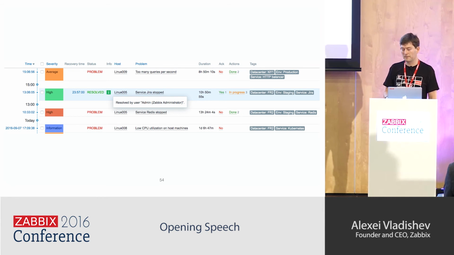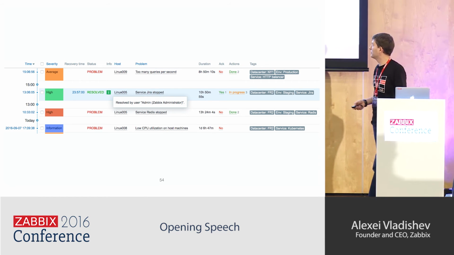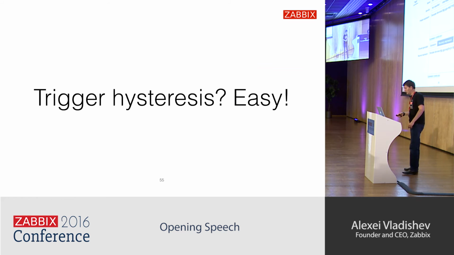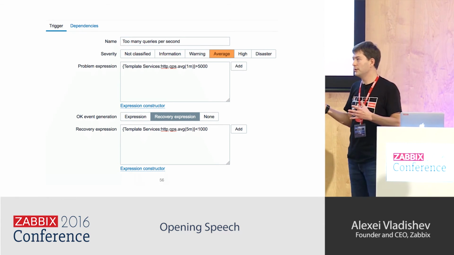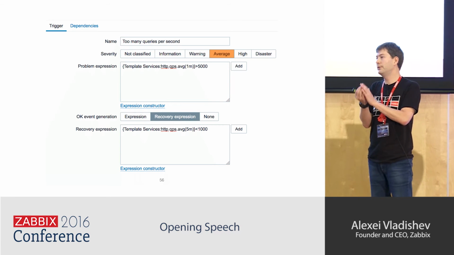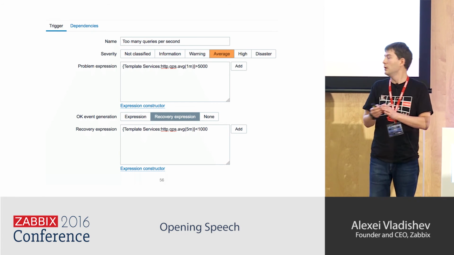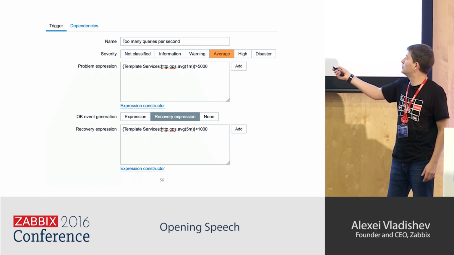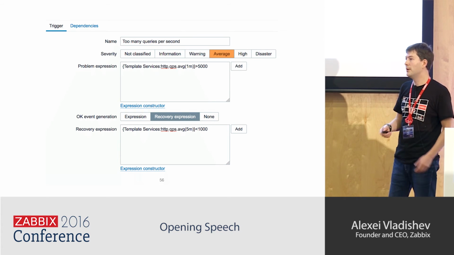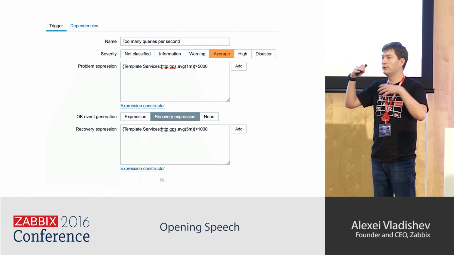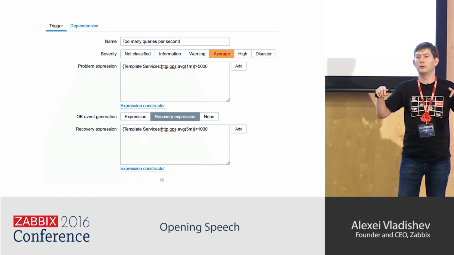Once again, trigger hysteresis. I'd like to repeat it because this is a very nice feature. Once again, what is trigger hysteresis? It's the ability to have different conditions for problem and recovery state. And now we really have two separate expressions, problem expression and recovery expression. Much easier to understand. We don't have to inverse logic as we had to before, using the trigger value macro.